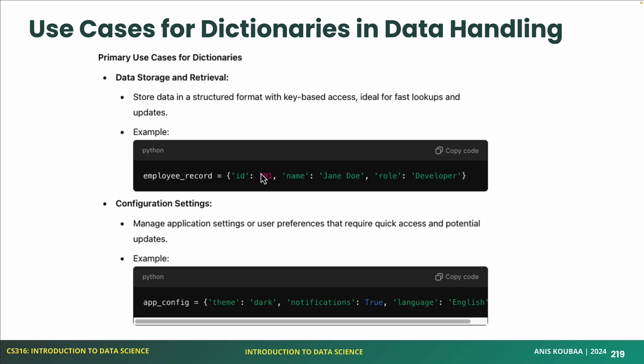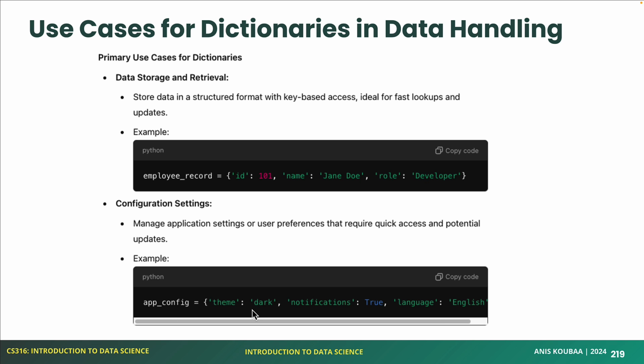There are databases that are based on JSON documents, like for example MongoDB, and JSON can be used for storing configuration settings. Imagine that you have particular settings that you want to retrieve during your application.